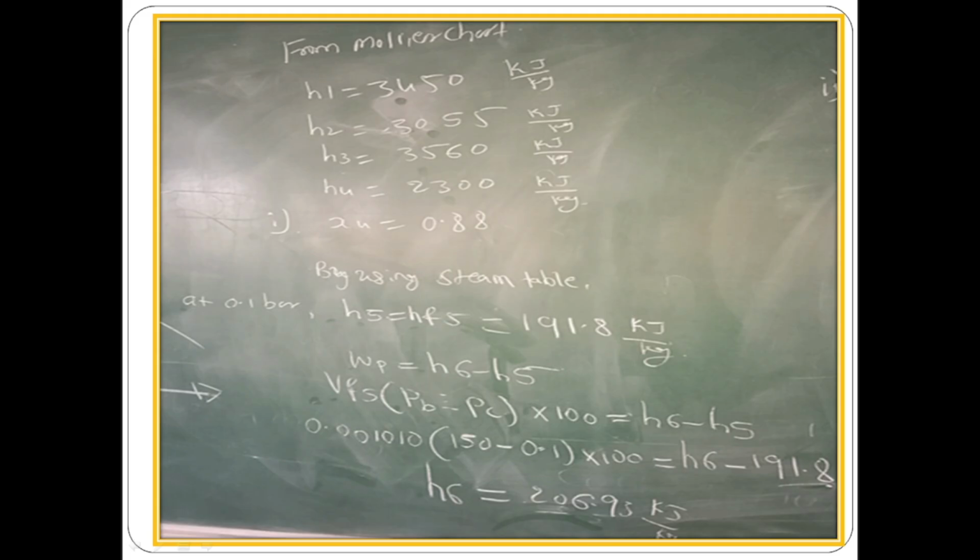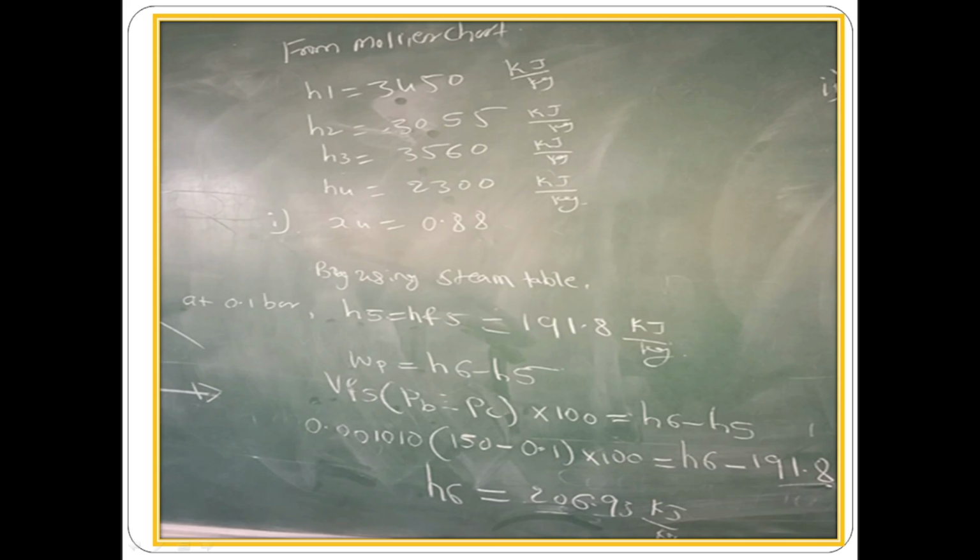Why are we multiplying by 100 here? Boiler pressure as well as condenser pressure are in bar, and we are converting them into kilopascal, so that the value is in kilojoule per kg.